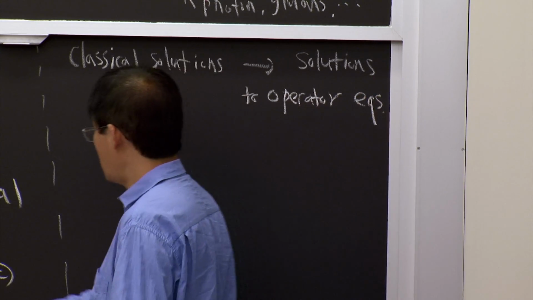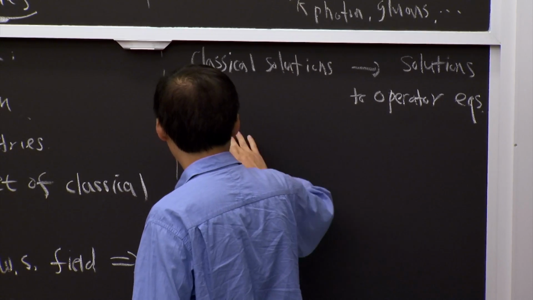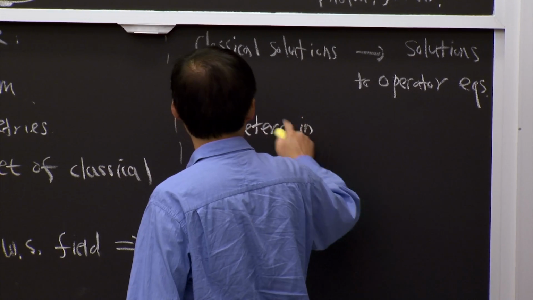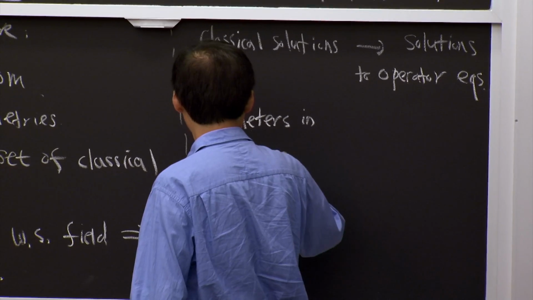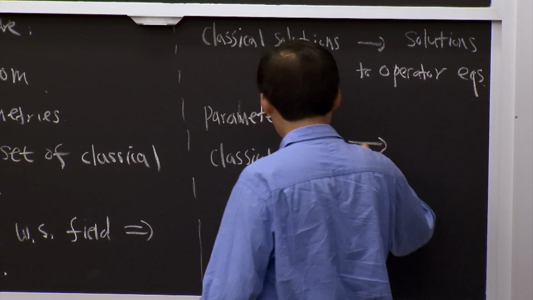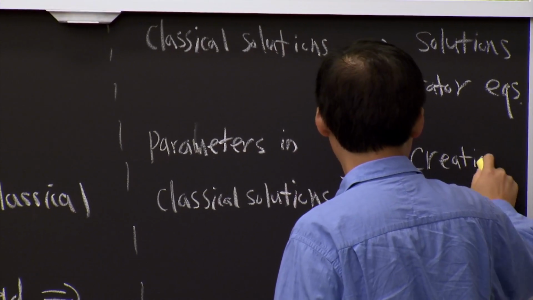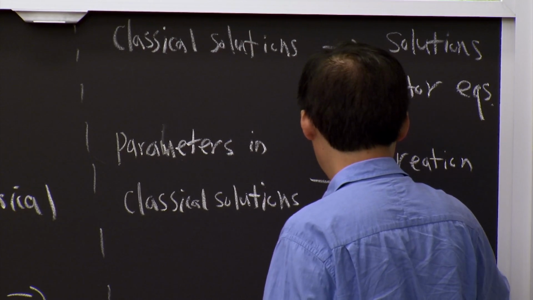And the parameters we use to parameterize your classical solutions become the creation and annihilation operators, just as what we do in free field theory quantization.